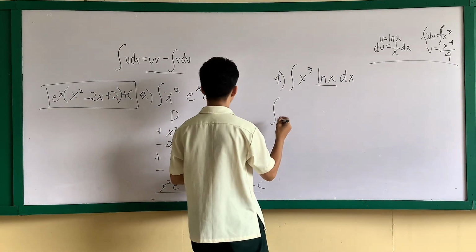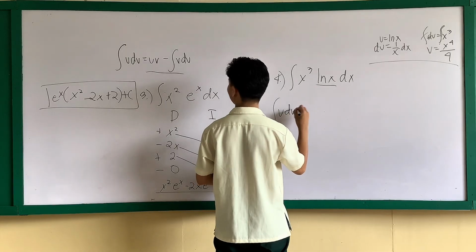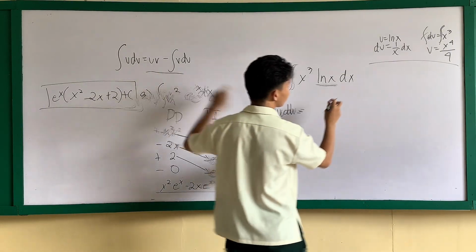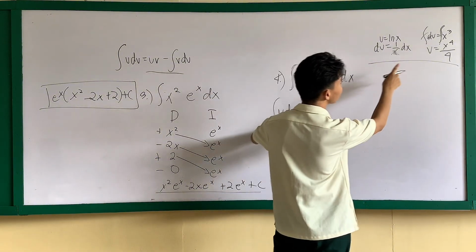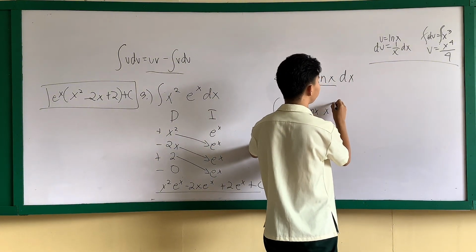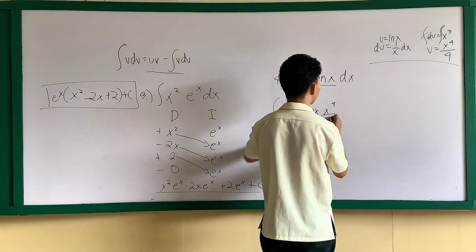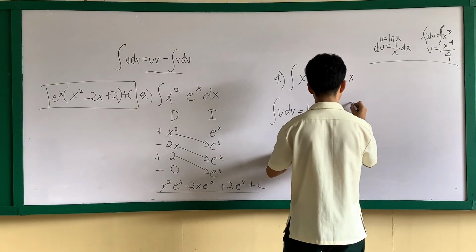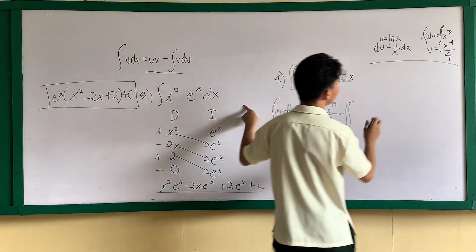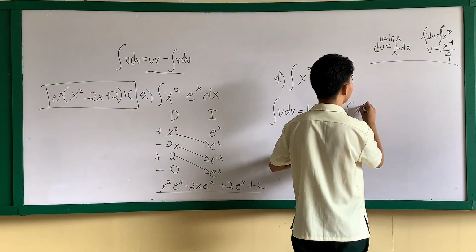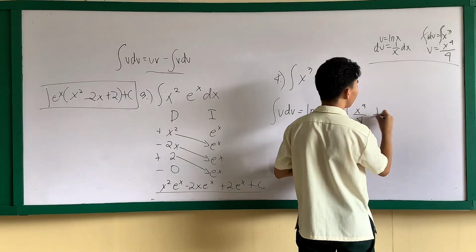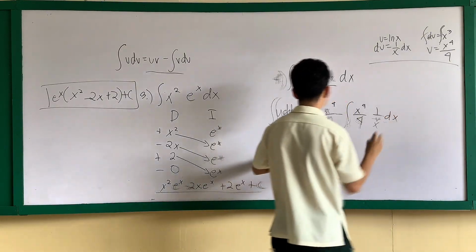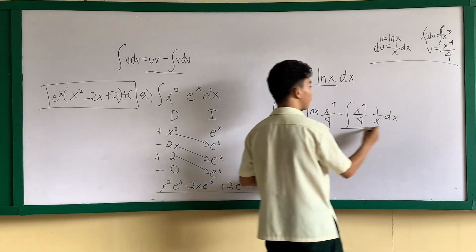The integral of u dv is equal to u, which is ln x, times v, which is x to the fourth over 4, minus the integral of v, which is x to the fourth over 4, times du, which is 1 over x dx.